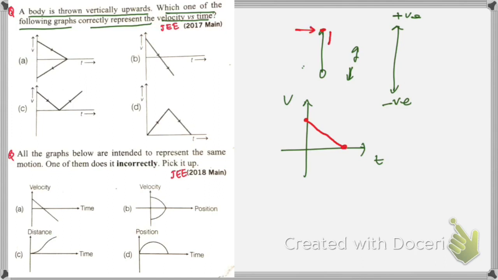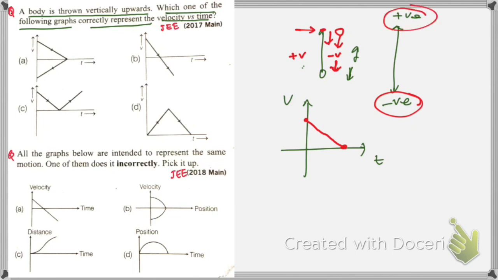Then again it is coming down. When it is coming down, velocity will be increasing, but because of the direction, the velocity will be negative while coming downward, and the velocity is positive while going upward. We have taken downward as negative and upward as positive, right?